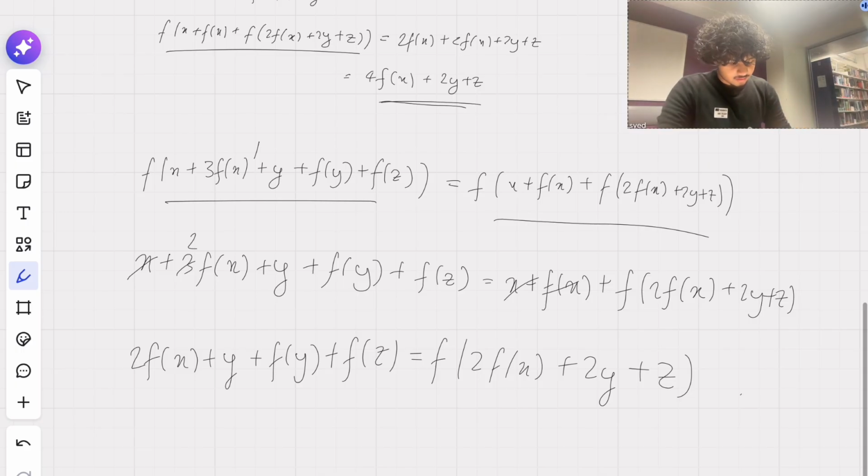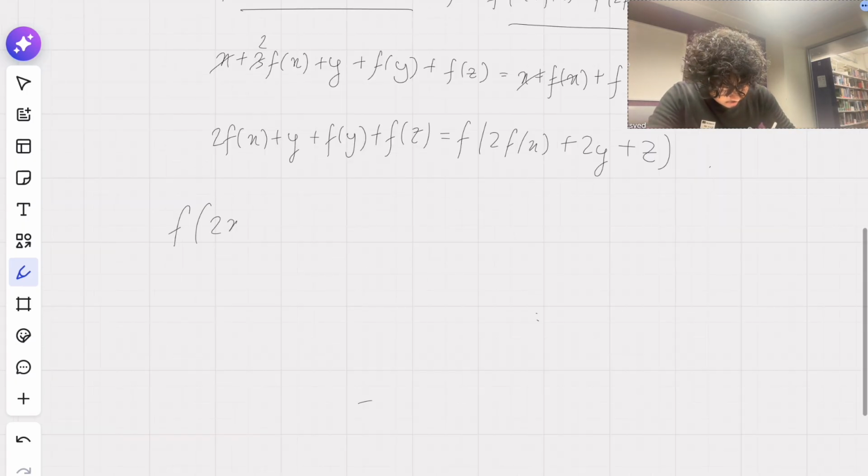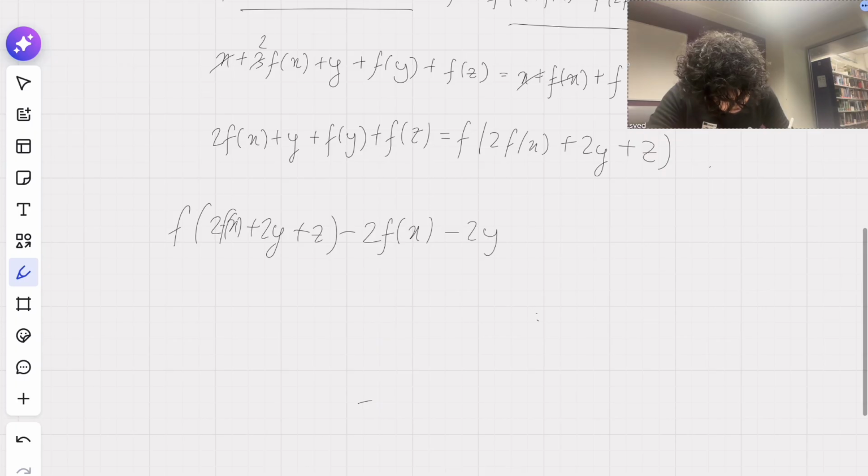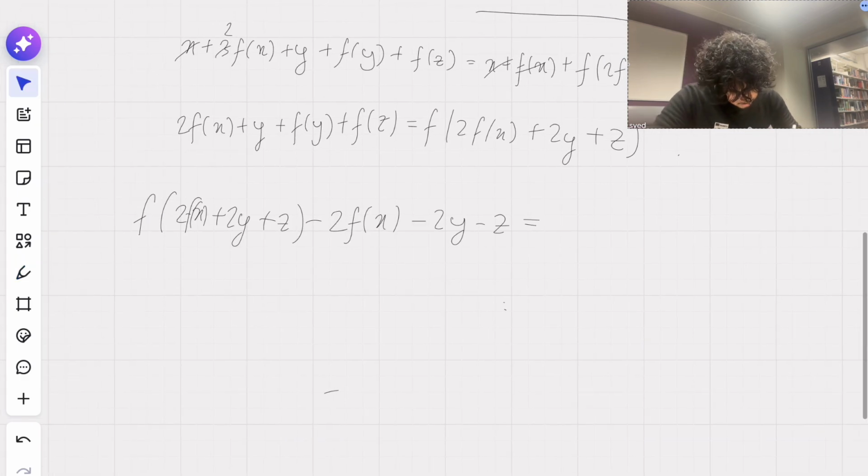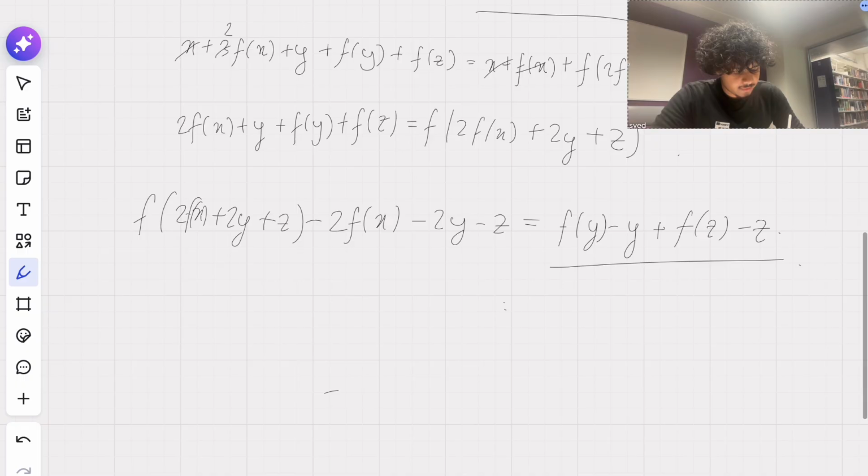I have this very large equation. I'm going to subtract the input from both sides, and that gives me something very interesting: f of 2f of x plus 2y plus z minus 2f of x minus 2y minus z is going to be equal to f of y minus y plus f of z minus z.